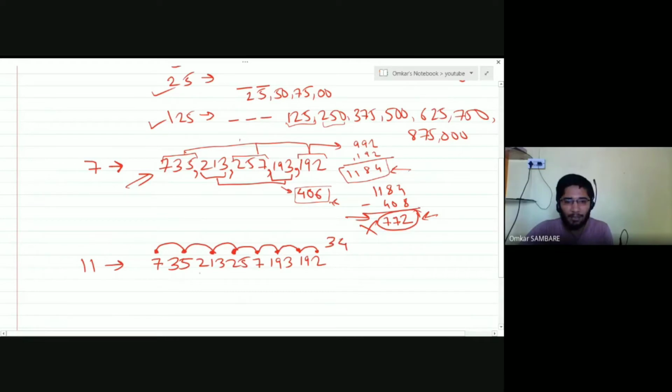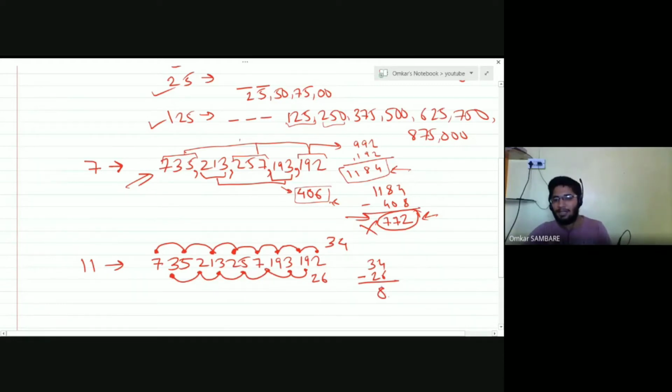Then the addition of the remaining numbers: 3 plus 2 is 5, plus 3 is 8, plus 5 is 13, plus 1 is 14, plus 3 is 17, plus 9 is 26. Now we will again take the difference of these two additions: 34 minus 26 is 8.